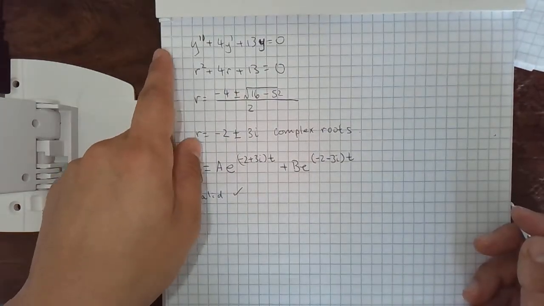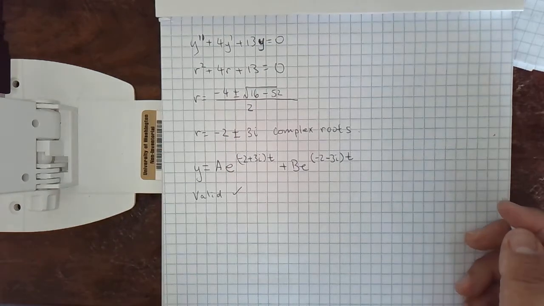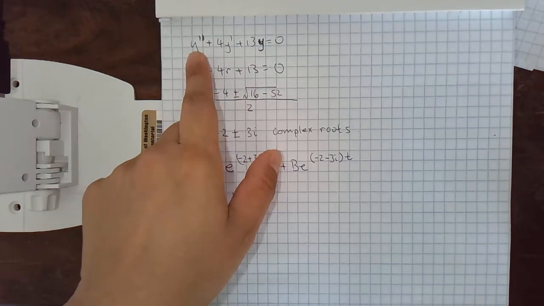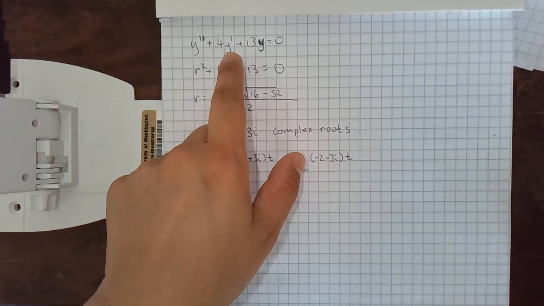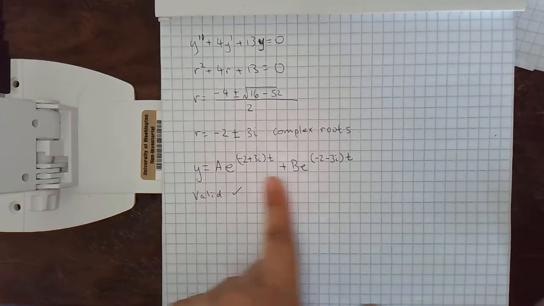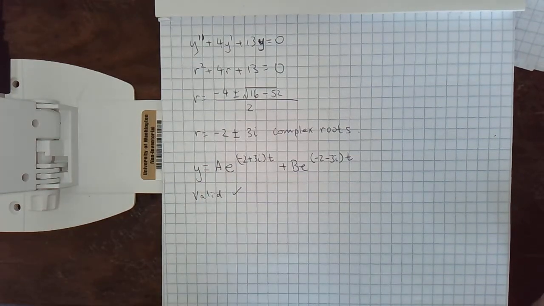So usually this differential equation comes from something that requires real numbers, such as motion. If you had y double prime as the acceleration, y prime was the velocity, and y was displacement, then you probably don't want a complex solution, because what does that mean if we're just moving in one direction?